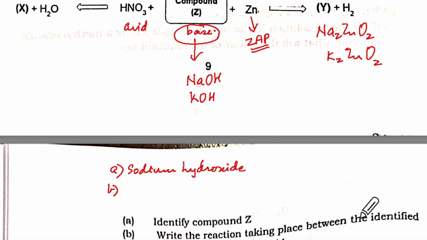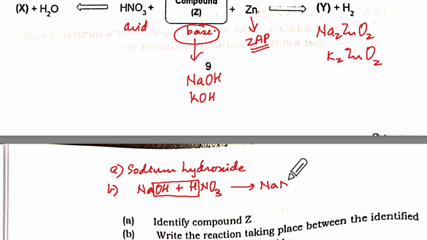Write the reaction taking place between identified Z and nitric acid. So NaOH plus HNO3, this is going to be a neutralization reaction, and that will be NaNO3 plus H2O.